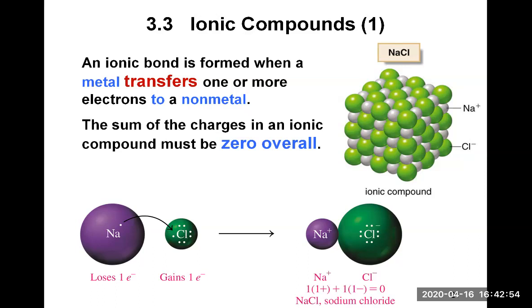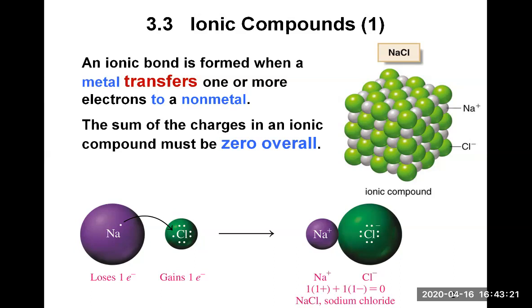So then there is a transfer of an electron from sodium to chlorine. And so the sodium will become Na+ from losing an electron. And the chlorine will become Cl- from gaining an electron. So sodium has one positive charge, chlorine has one negative charge.